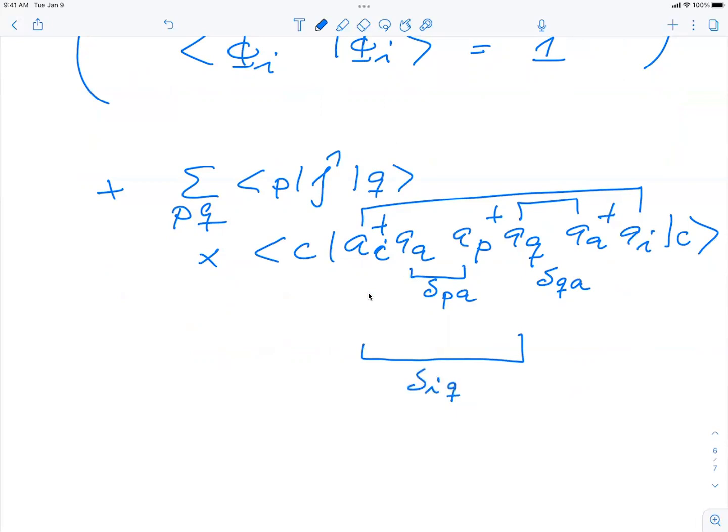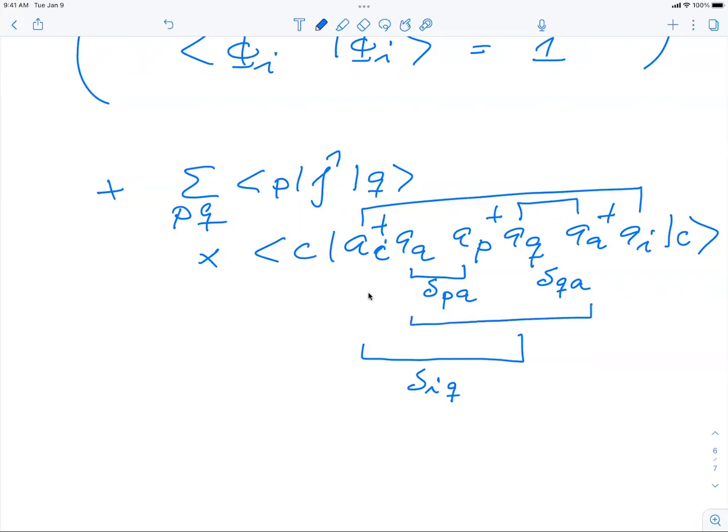Now I cannot perform a contraction with A to this state. That's obviously zero. I haven't dealt with P. I cannot do that one with this one because that would also be zero. So for the two particle operators, the A_A and the A_A dagger, the only contraction is actually this one.